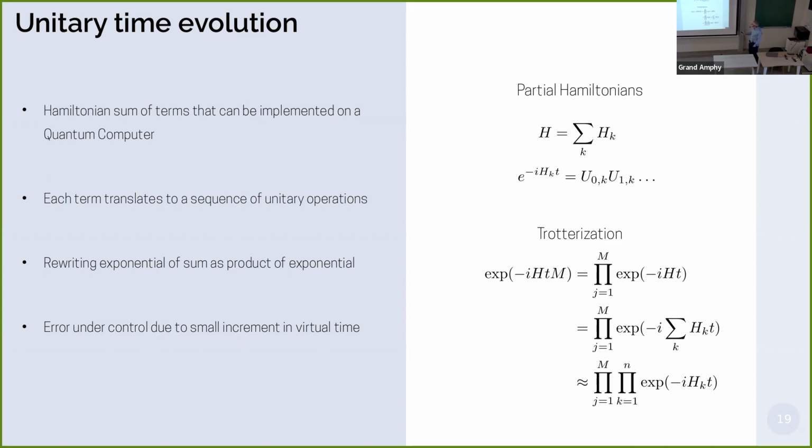So now if we put in this sum from here, we approximately take the sum out of the exponent and get a product again. This is the Trotter expansion. And then we have the full time evolution that we wanted in the beginning, because each of these we can represent by unitary operations that are some gates or something. All right.